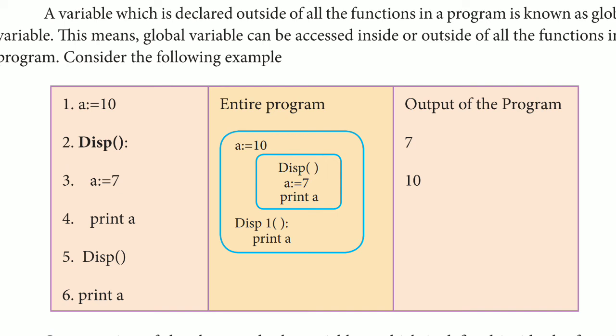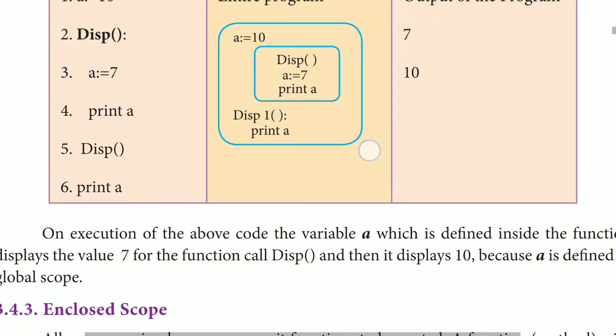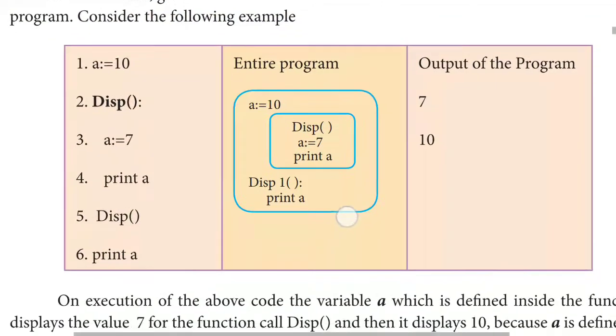After finishing that, in the sixth statement print a is given, and when that statement is executed, a is equal to 10 is printed. So this is global scope.